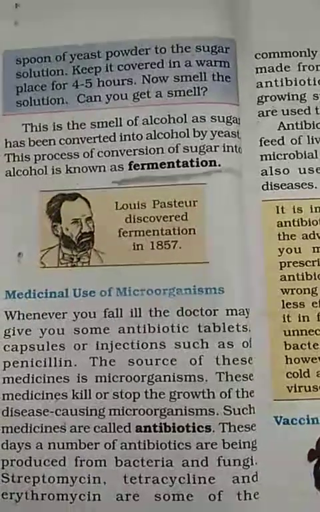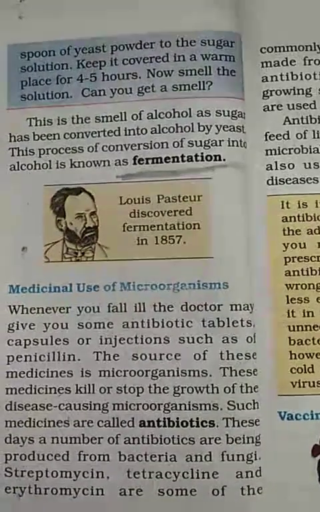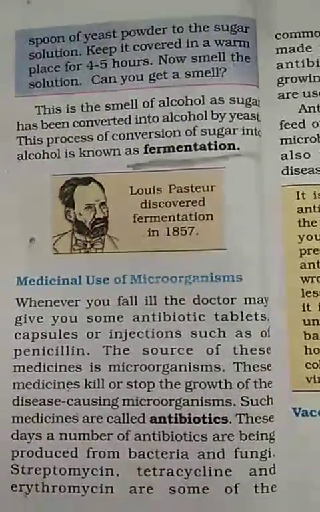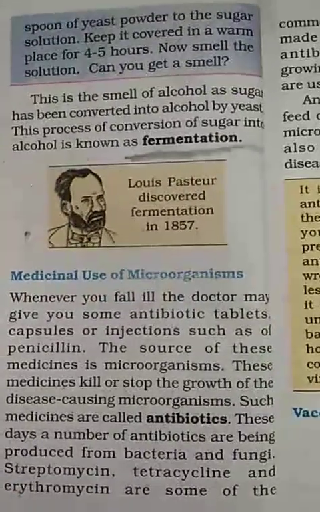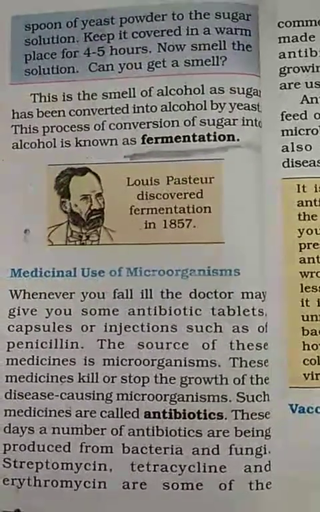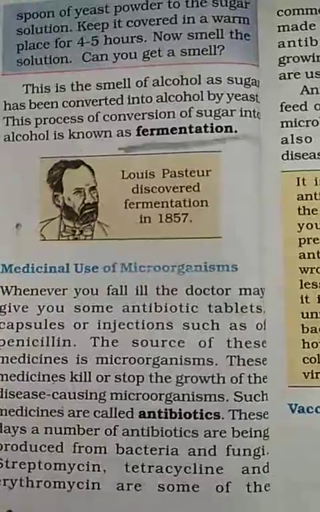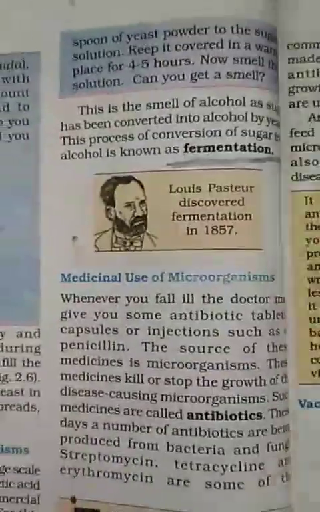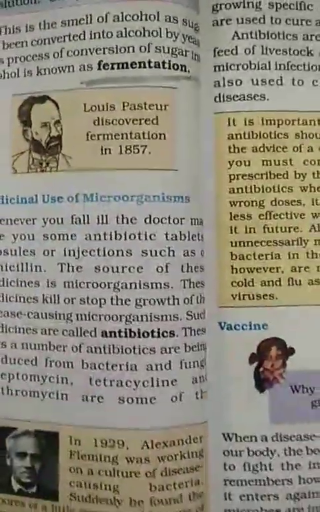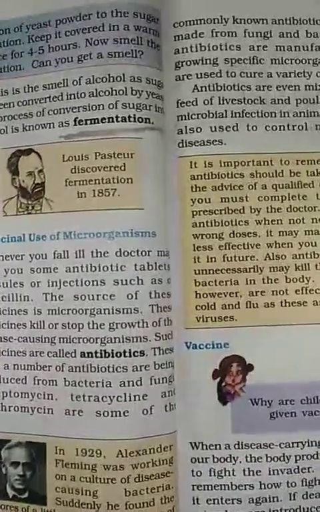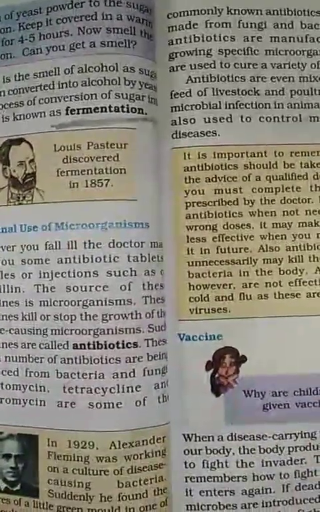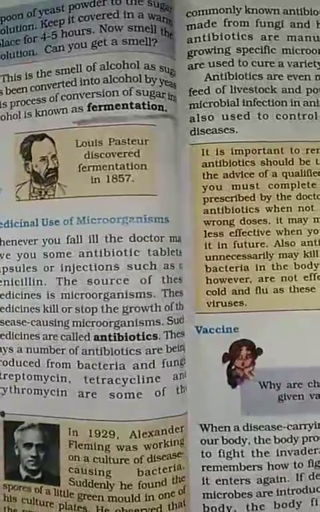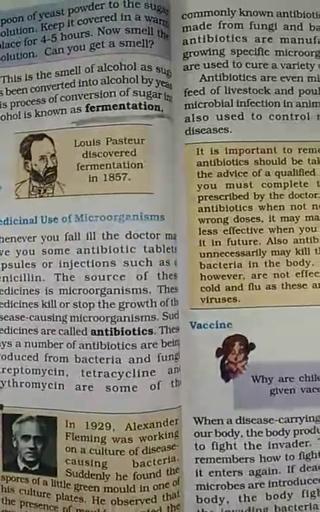This process of conversion of sugar into alcohol is known as fermentation. When the sugar present in a substance is converted into alcohol, this process is known as fermentation. And who discovered this? A scientist named Louis Pasteur discovered fermentation in the year 1857.